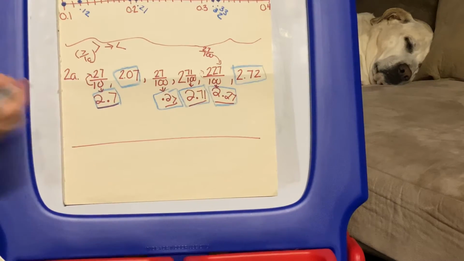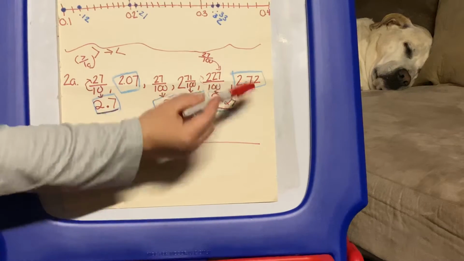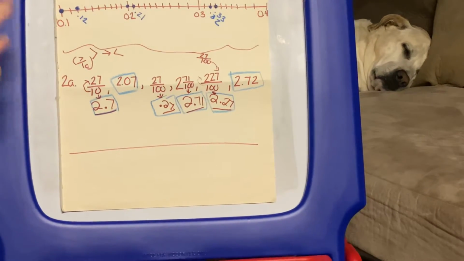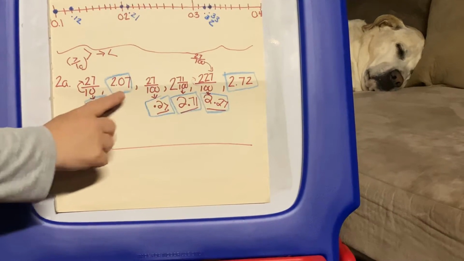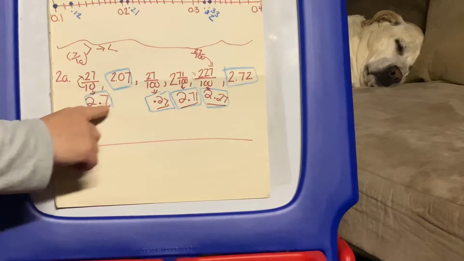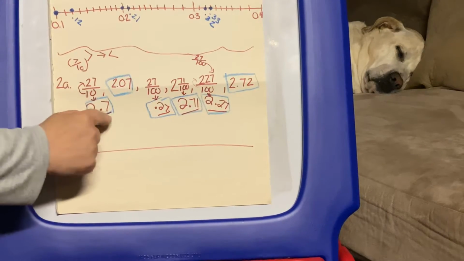Now, greatest to least. So 0.27 doesn't have a whole number, so I know I'm not looking there. So let's start by comparing this. 2.7 or 2.07. I know my 2.7 is bigger. Okay, so we're good there.